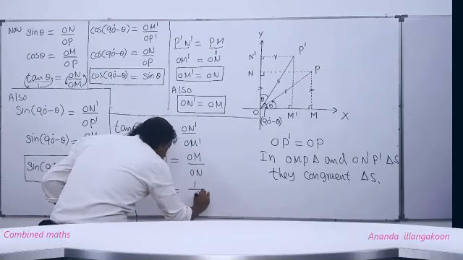Left hand side is tan(90 minus theta). Can someone tell me, people, what is 1 upon tan theta? Cot theta, no? So therefore, tan(90 minus theta) is 1 upon tan theta, which is cot theta.